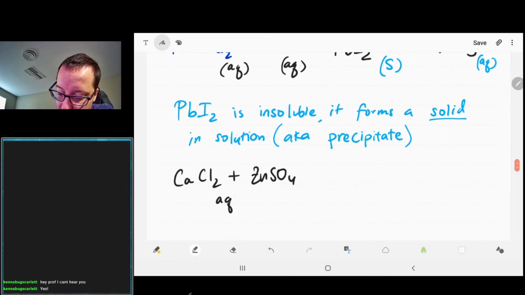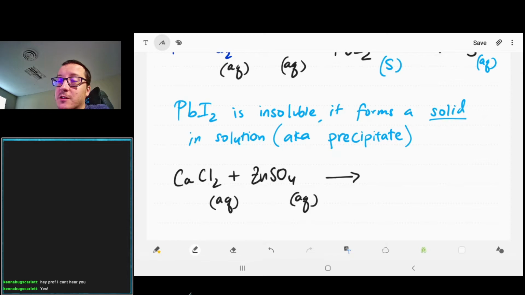Put those as aqueous. Again, you don't have to worry about predicting it for the reactants. You want to predict it for the products. Hopefully we can see here a double displacement reaction is going to be taking place. We're going to end up swapping the two.